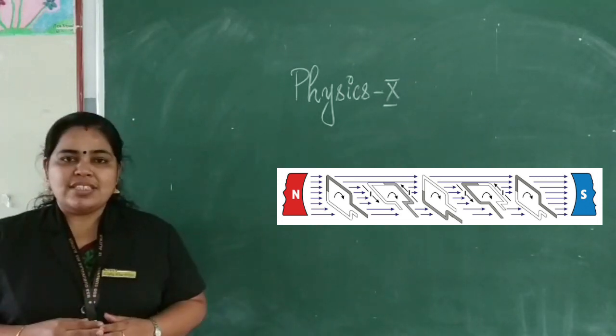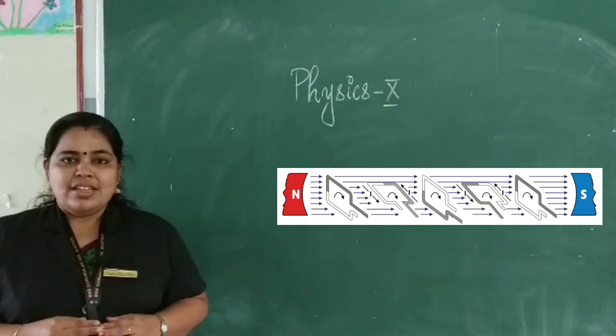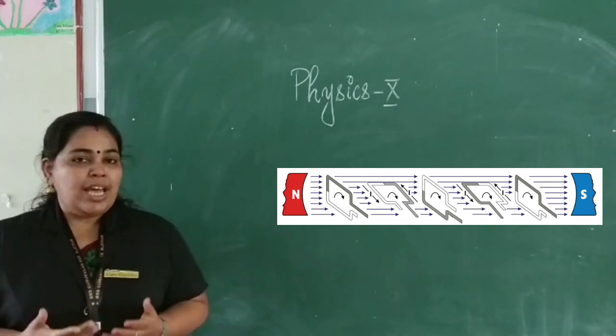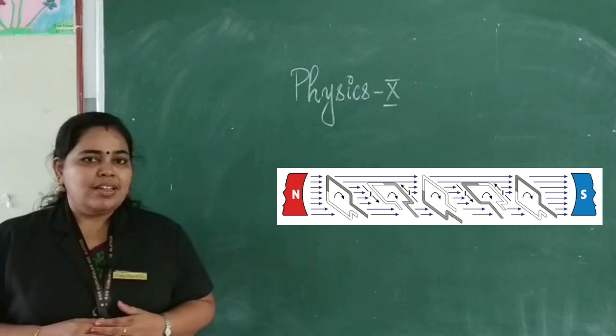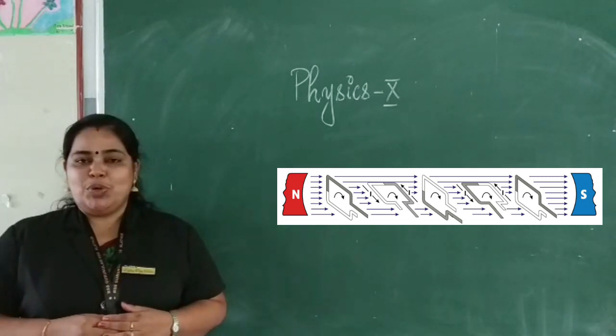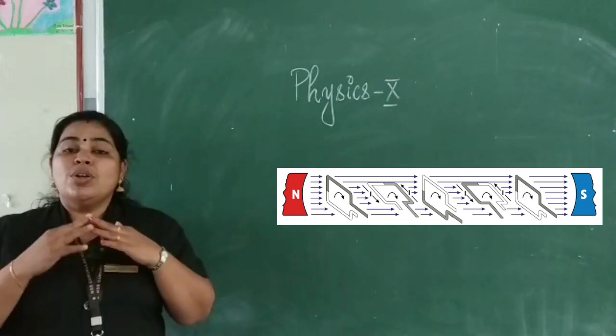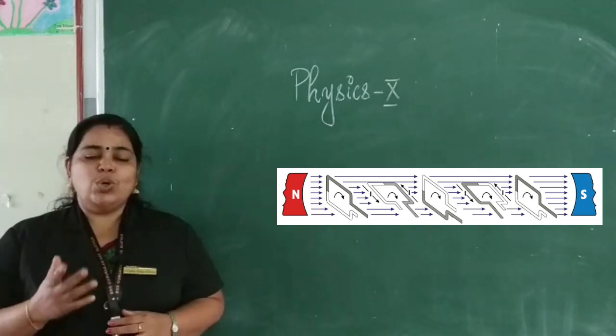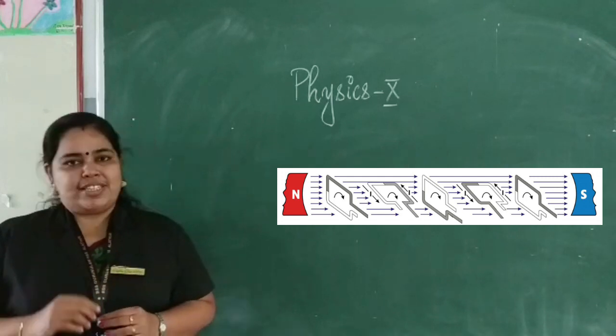So, what happens at that position? There is no change in the magnetic flux. Will EMF be produced there? No, EMF is not produced. EMF will be 0 since there is no change in the magnetic flux.